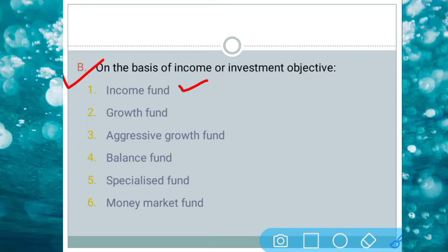Hence, those people who want to earn a regular income from their investment generally invest in income funds.